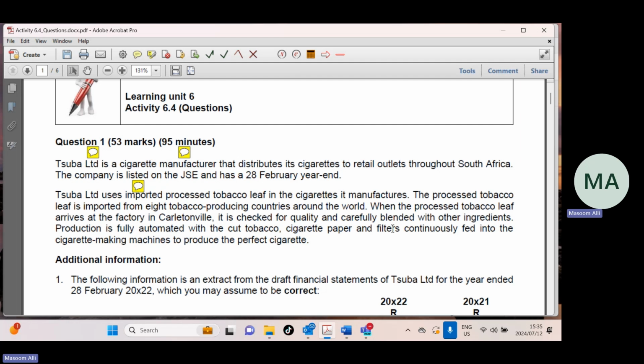So this is telling us a bit about the raw materials involved and what the production process looks like, and that is relevant for you guys. It's not just by-the-way information, so that you know what raw materials are at play and what we potentially need to be accounting for.